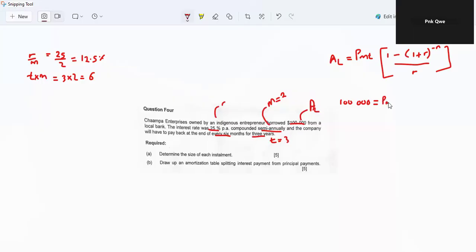And our annuity factor, we're going to say 1 minus 1.125 to the power negative 6, over 0.125, which is 12.5%. So you need to be very clear: we're not using 25%, we're using 12.5% because it's semi-annual. All right, are we together there?